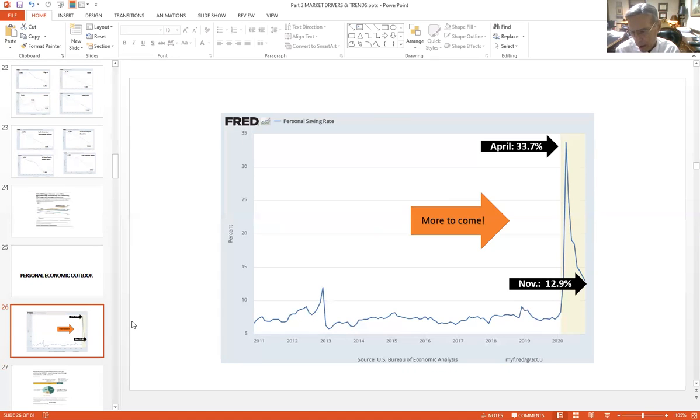Now, the other 2/3 needed that money and spent it right away. And because they were unemployed, we'll see in a moment that the consumer spending went down in spite of those checks, but it would have gone down a lot more if it hadn't been for those checks. And the saving rate today has come down quite a bit, although it's still a lot higher than normal.